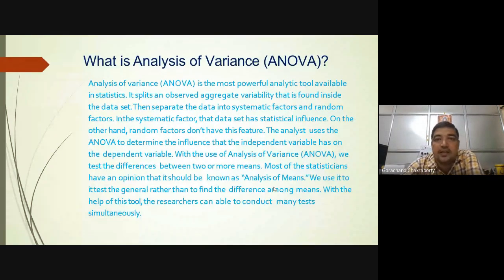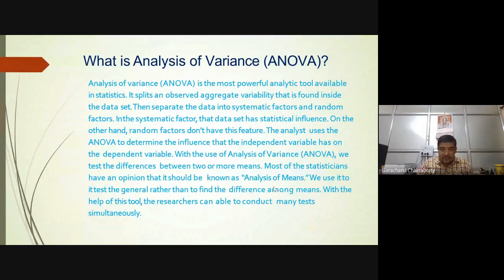Now, what is analysis of variance? Analysis of variance is the most powerful analytic tool available in statistics. It splits an observed aggregate variability found inside the data set, and then separates the data into systematic factors and random factors.